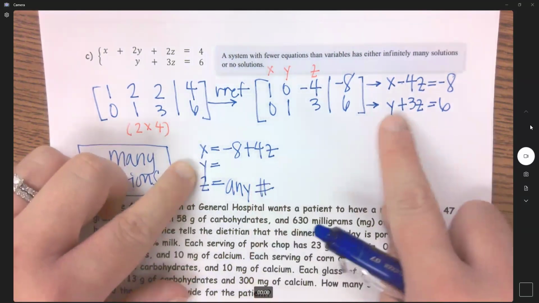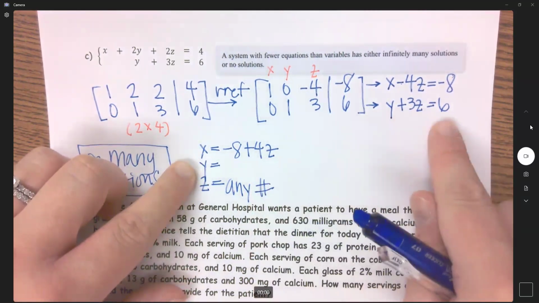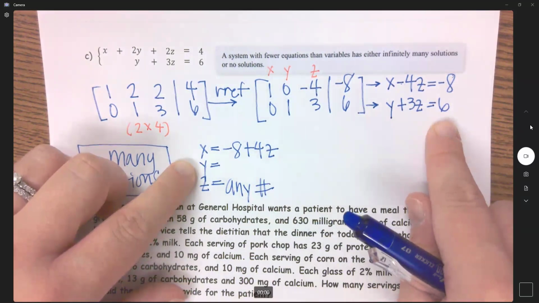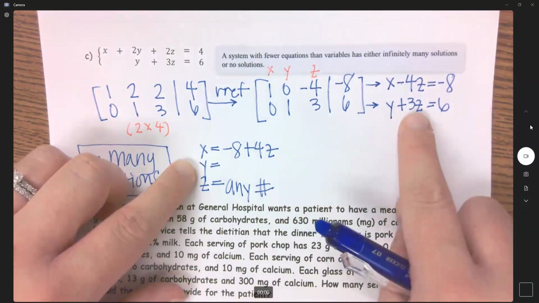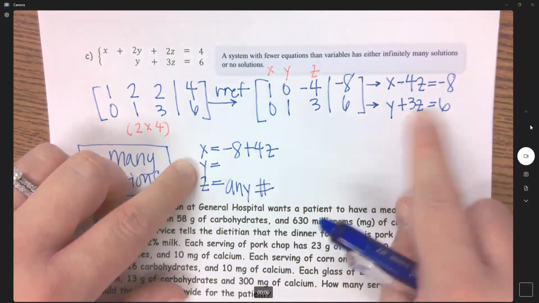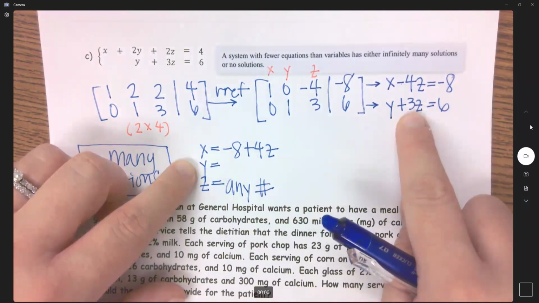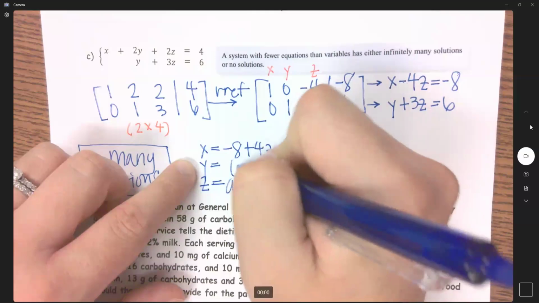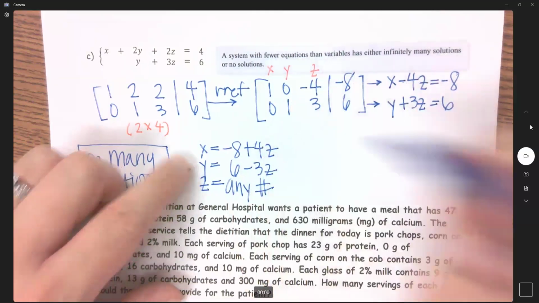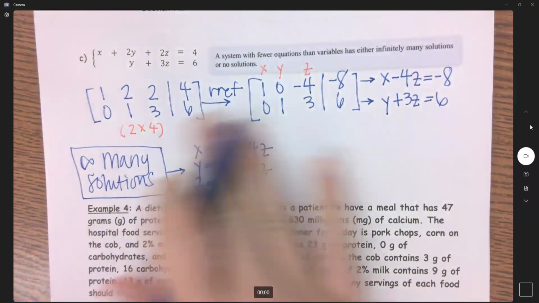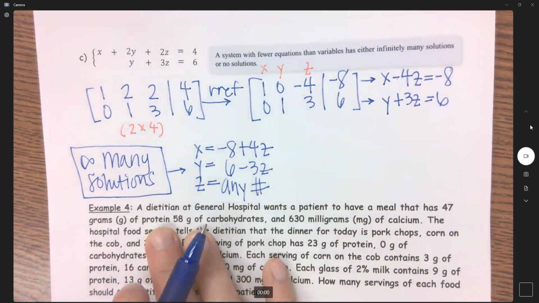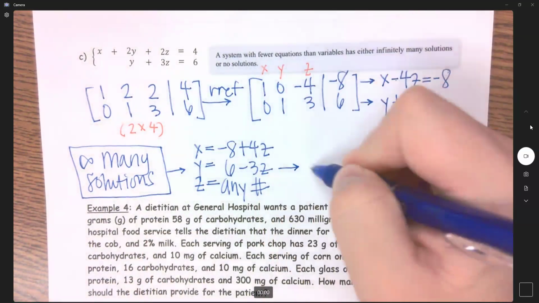Then to get my y, I only have a y in the second equation. To get y by itself, we would need to move this 3z over, and we would do that by subtracting it. So we'd have 6 minus 3z, because these are not like terms. Now my MyMathLab will want this as an ordered triple.